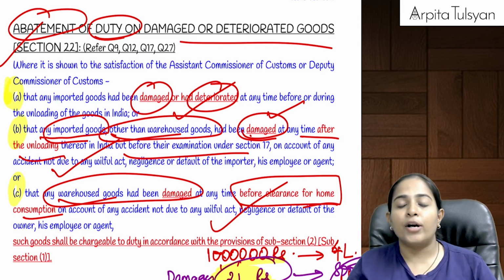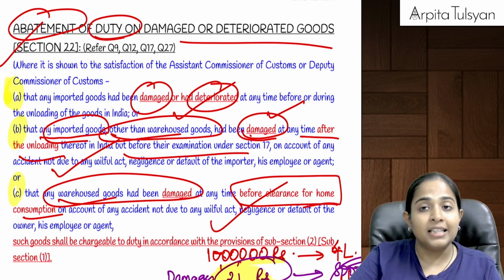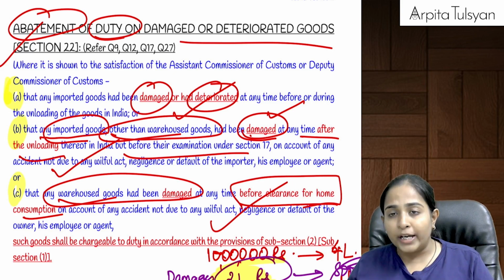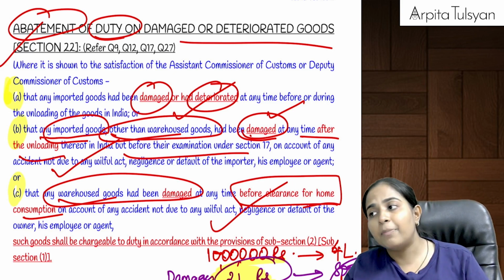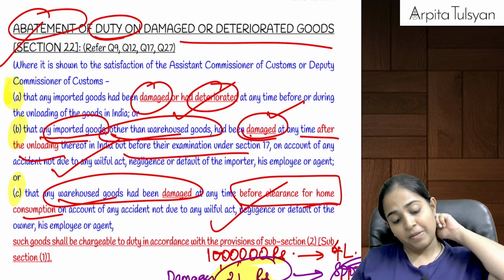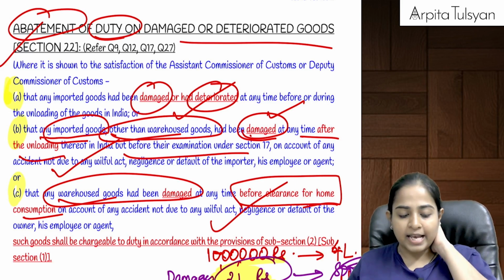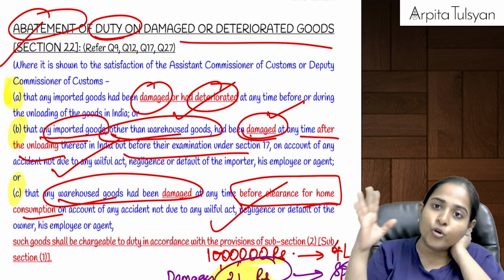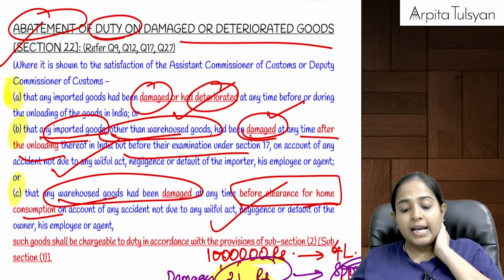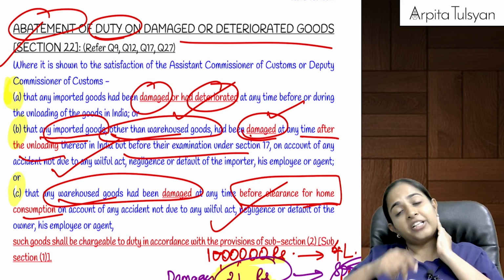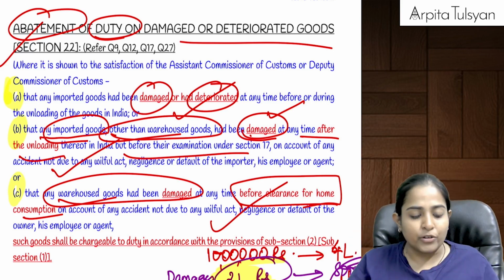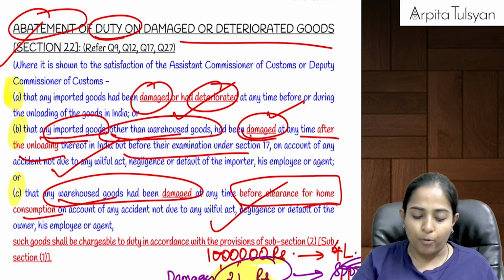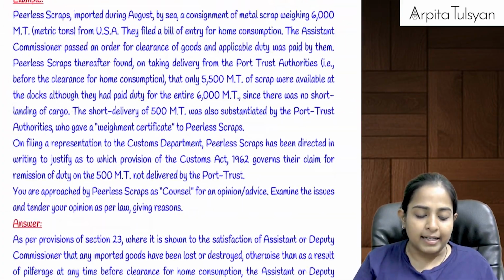Second point talks about goods other than warehoused goods which were going to be cleared for home consumption, if damaged anytime after unloading but before examination by the proper officer. And last, if the warehoused goods, meaning the goods kept in the warehouse, got damaged any time before clearance for home consumption, then you will be eligible for abatement proportionately. Are you clear till here?